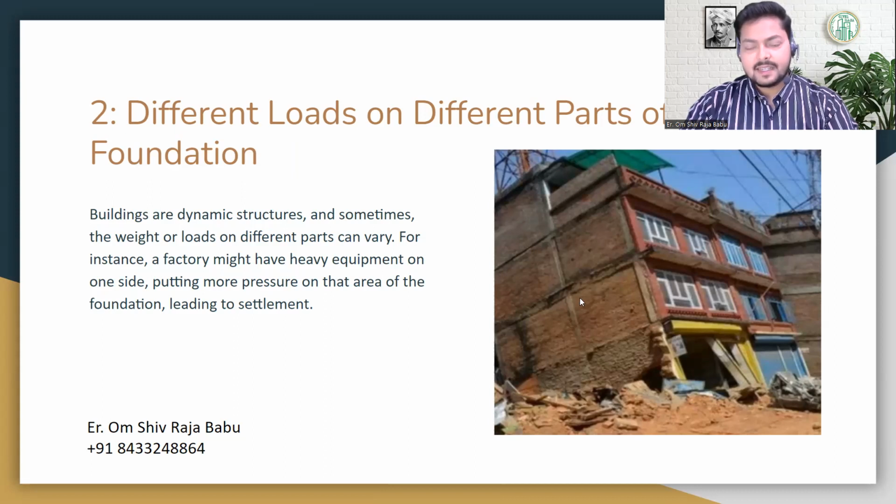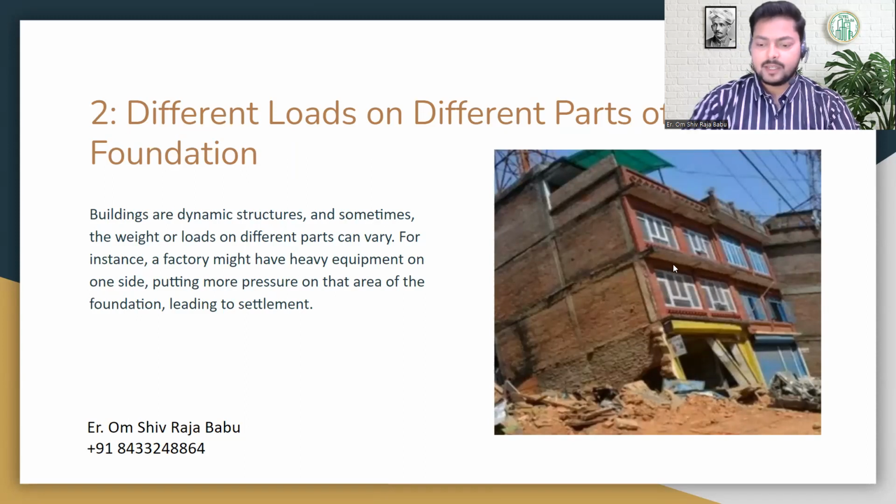So it settled in the backyard portion but didn't settle in the front portion, which leads to failure of the building. It happens more in factories, where heavy equipment is put on one side of the building and the other area is kind of empty, so it settles from one side. This may cause failure of the building.